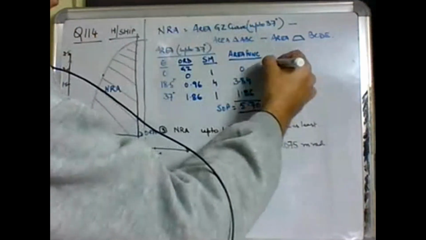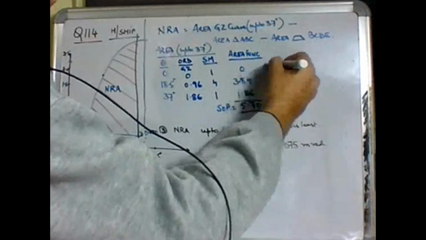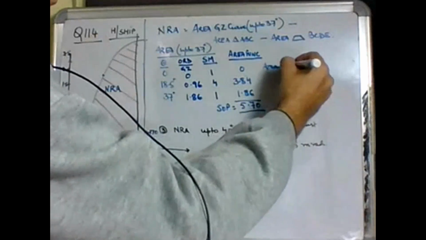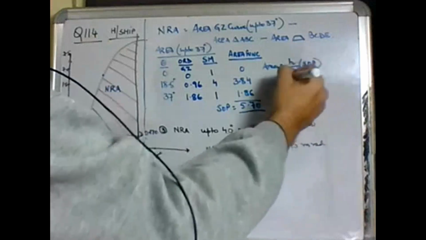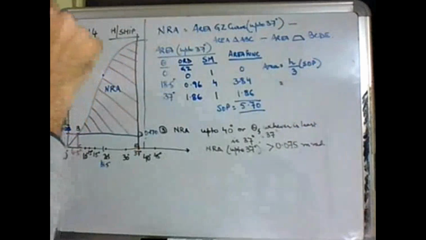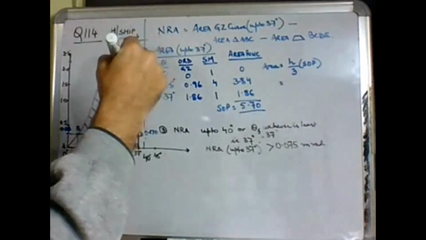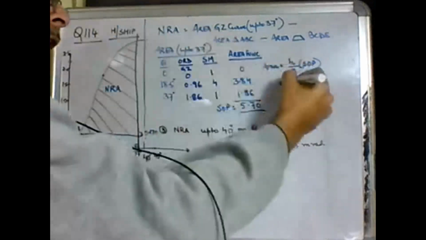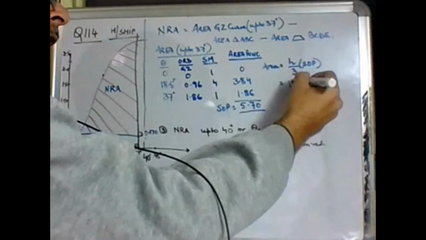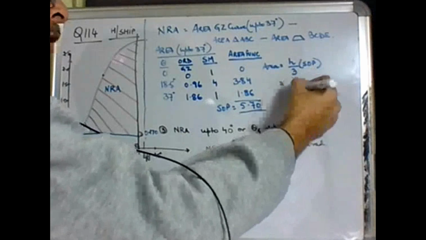ठीक है. Area will be equal to H by 3 into SOP. H is how much? 18.5. I want to get rid of degree. How do I do that?